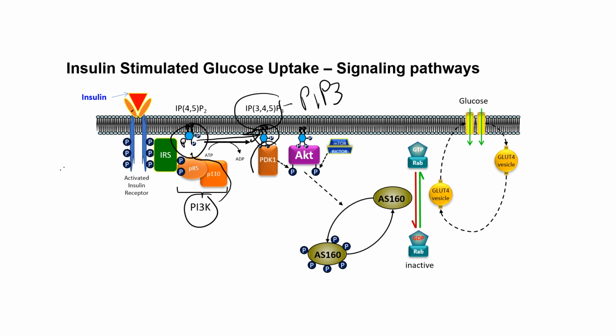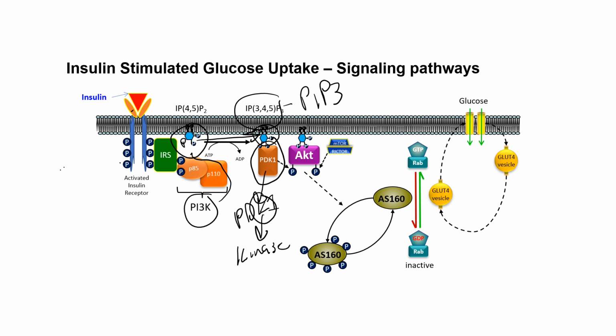PIP3 recruits and activates this other protein, which is referred to as PDK1. Okay, what is PDK1? The big thing is you see another K here, and that stands for kinase. So PIP3 recruits and activates PDK1. And PDK1 is a kinase, so it is going to go over and phosphorylate something.